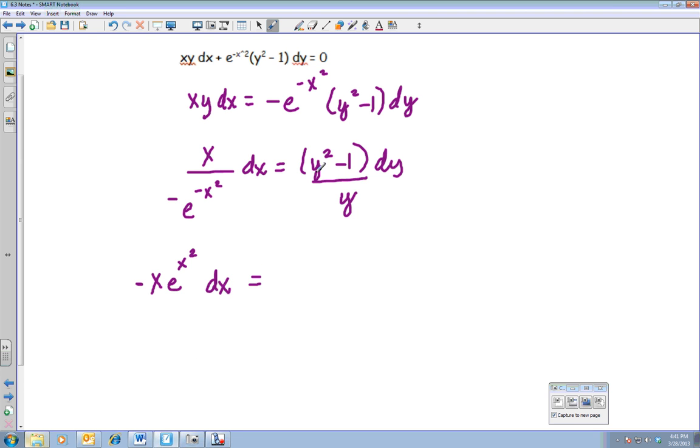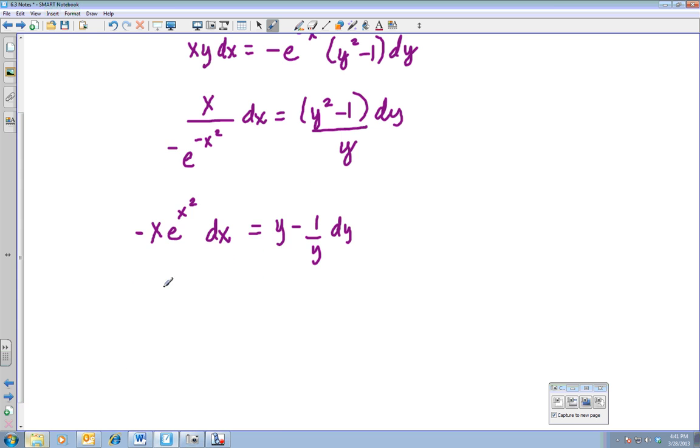And over here, do you see that I can simplify this? I can put y squared over y, which is y, negative 1 over y, which is just 1 over y, dy. And now I'm going to show that I'm going to integrate both sides. So I'm going to integrate negative x e to the x squared dx. And I'm going to integrate y minus 1 over y dy.